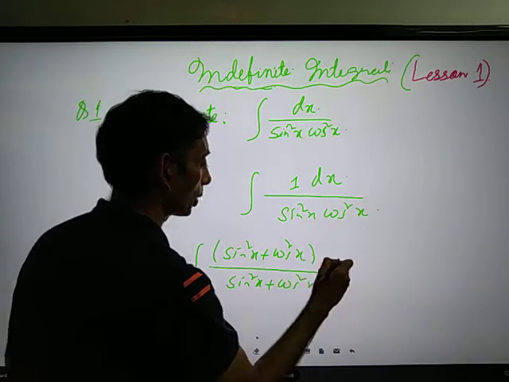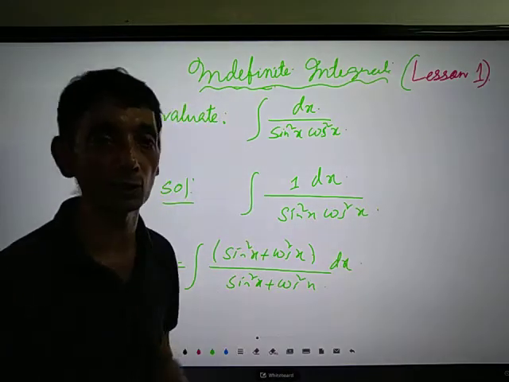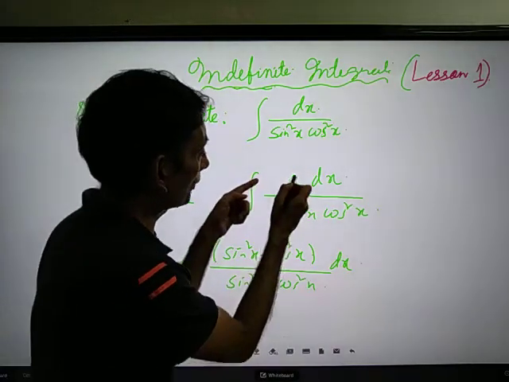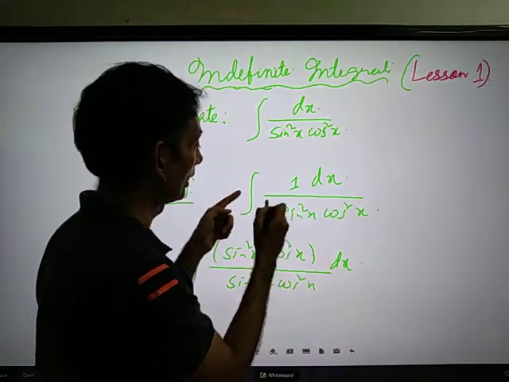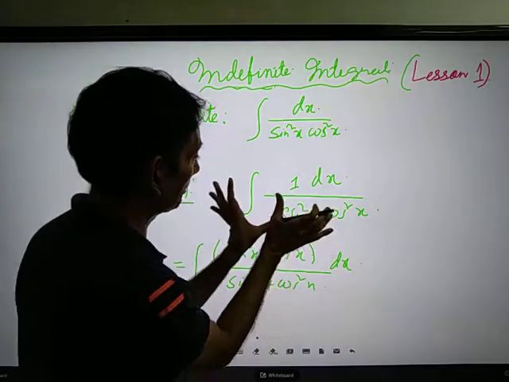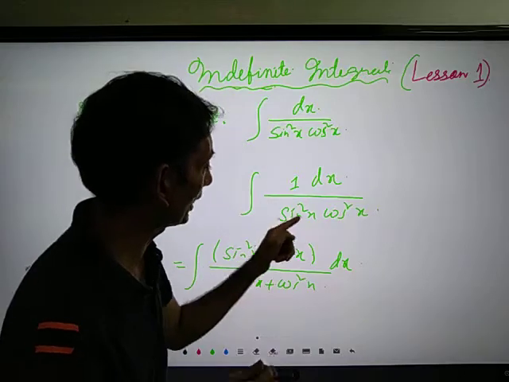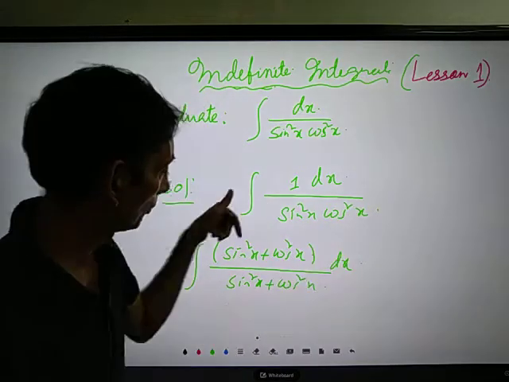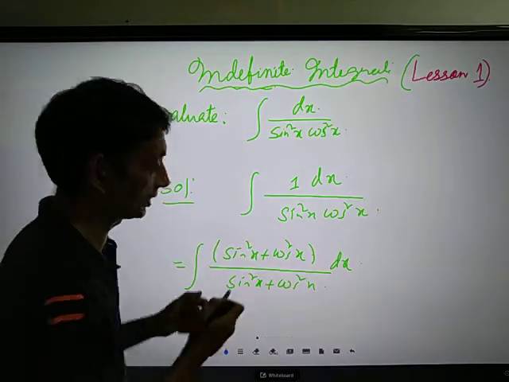This is an important manipulation, because we do not have a direct formula to integrate 1 by sin square x cos square x. Therefore, we are trying to manipulate the function 1 by sin square x into cos square x with the help of sin square x plus cos square x.